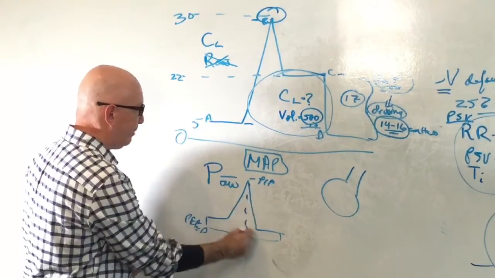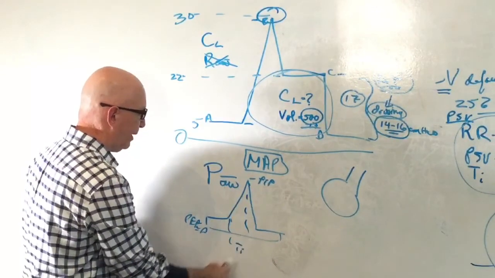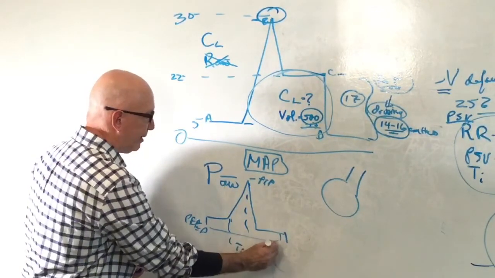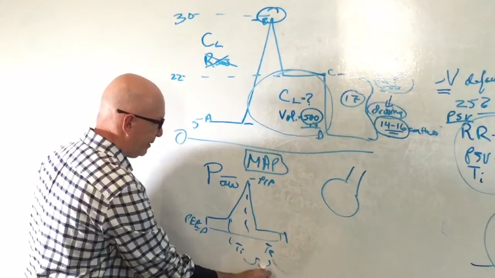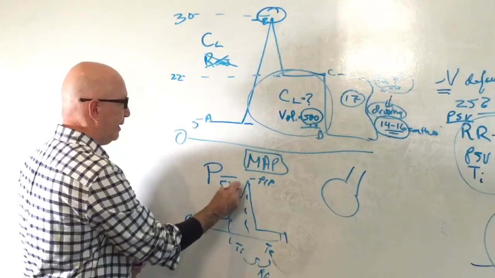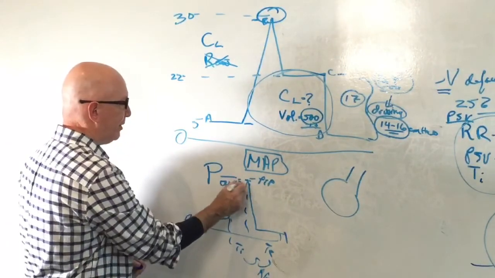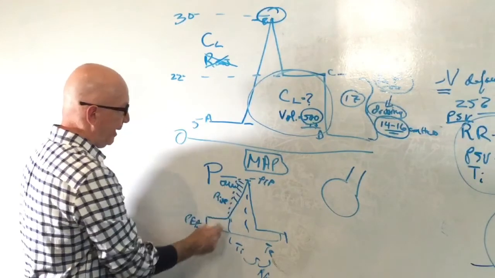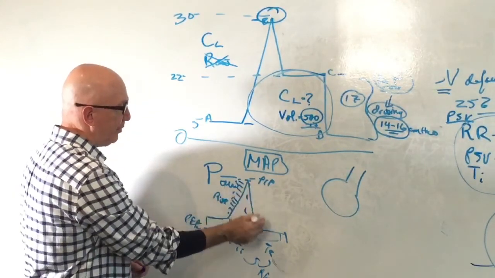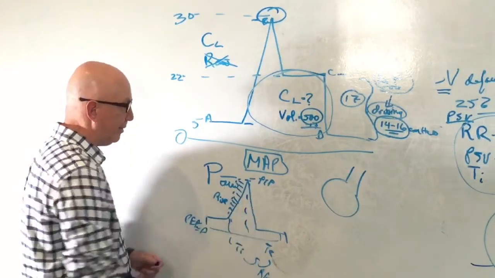So there's the I time, and then the expiratory time, which translates into the respiratory rate. And there's also the shape of this waveform as well. So that's your rise time, which all contributes to the mean airway pressure.